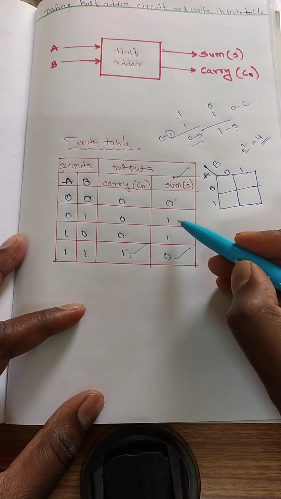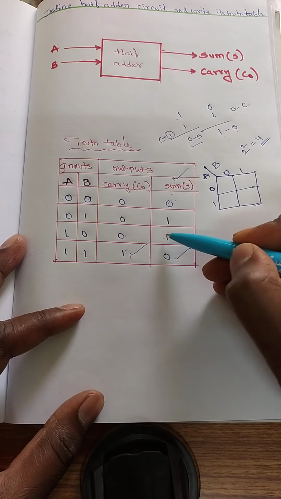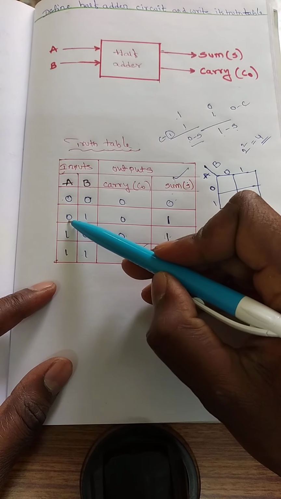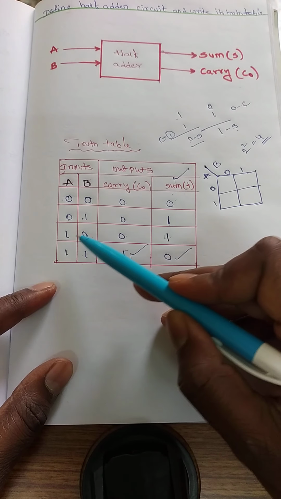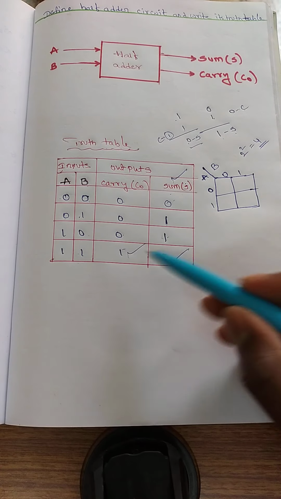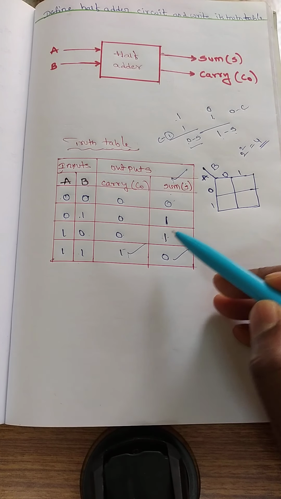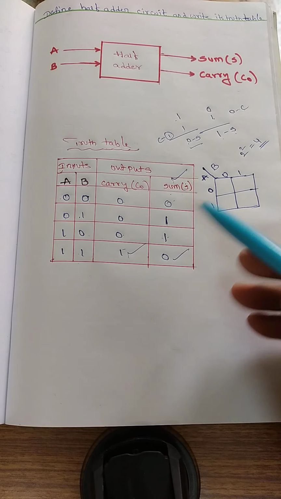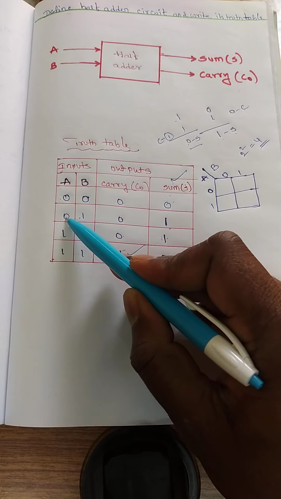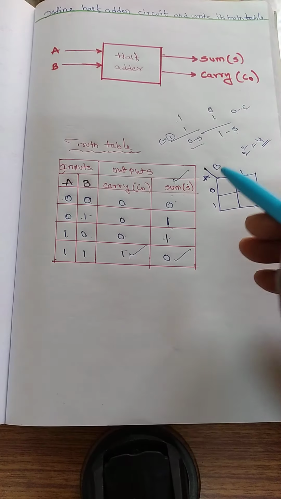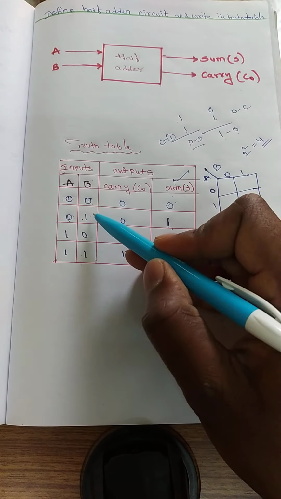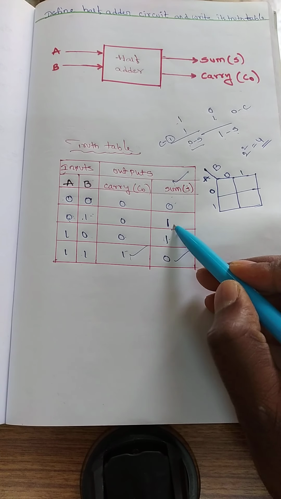Check wherever sum is having 1. Sum is 1 in case of 0 1, and in case of 1 0. Then plot this into the Karnaugh map. First, sum is 1 in case of A is 0 and B is 1.